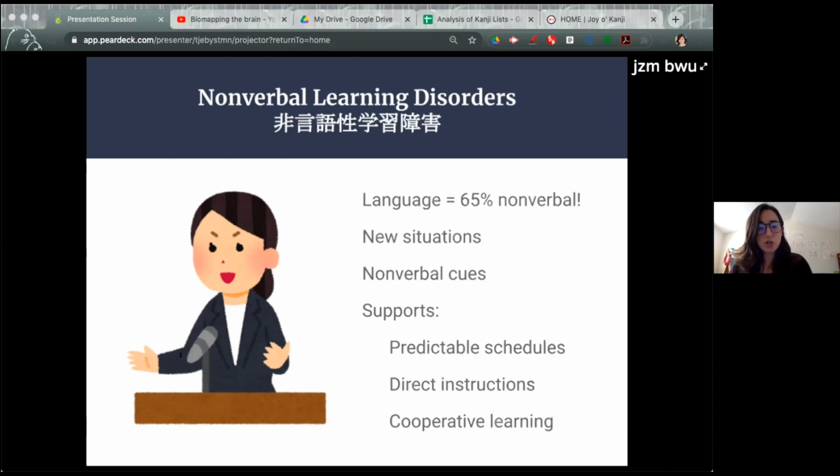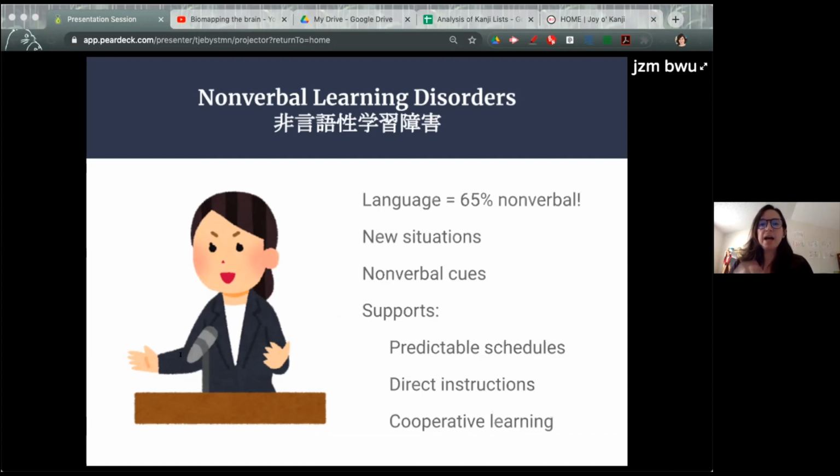So students who got concussions during sports can develop nonverbal learning disorders. That can be an especially tough aspect of it, because these students who were just fine earlier in their lives now don't understand social situations in the same way. So this can be a very emotionally difficult learning disorder for students.